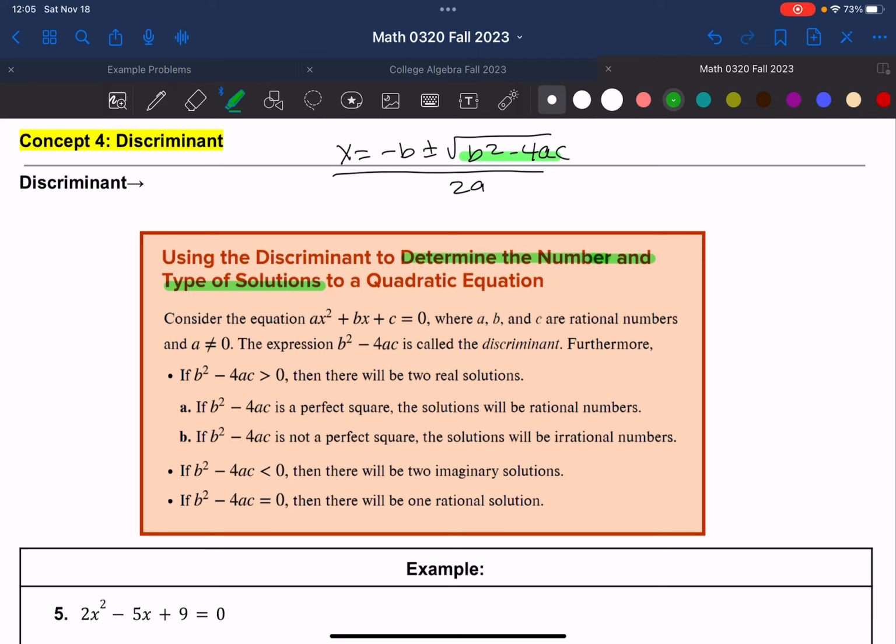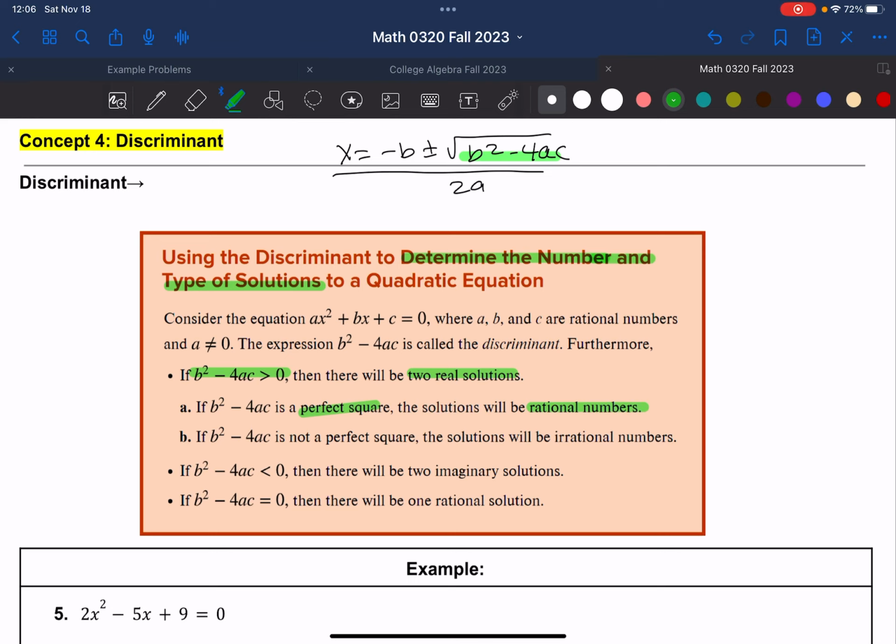For example, if our discriminant is greater than 0, so if it's positive, we will have two real solutions. If it's positive and it's a perfect square, it will be two real rational numbers.